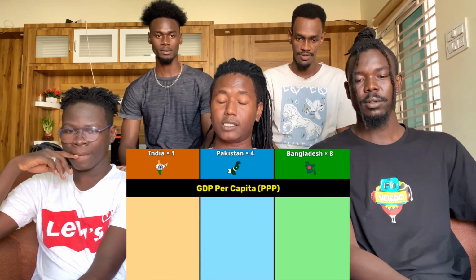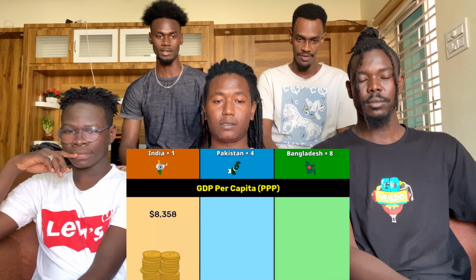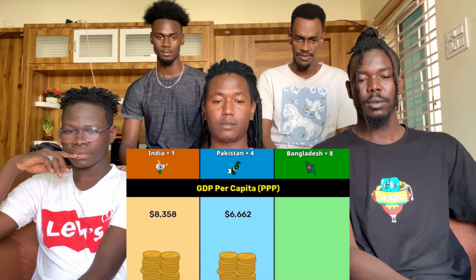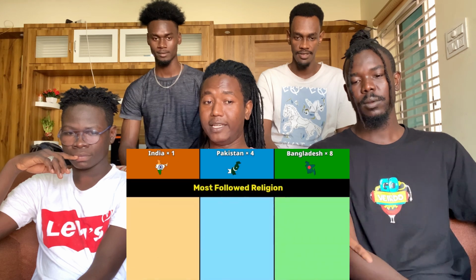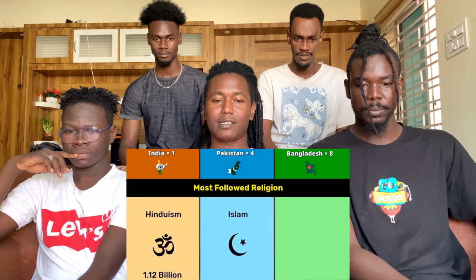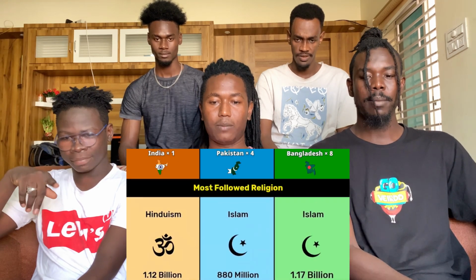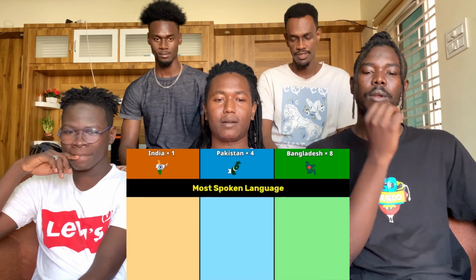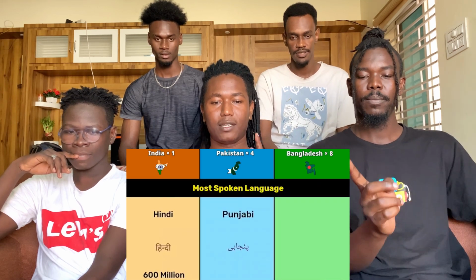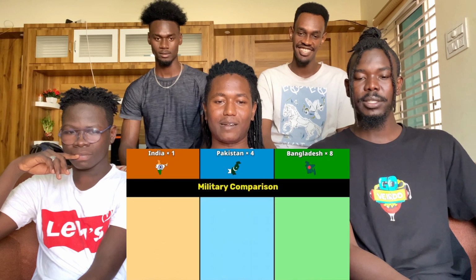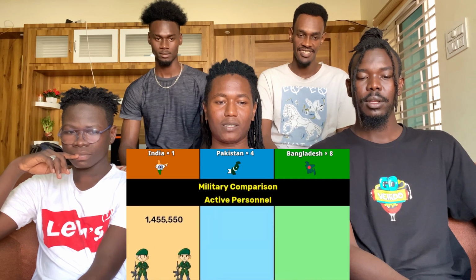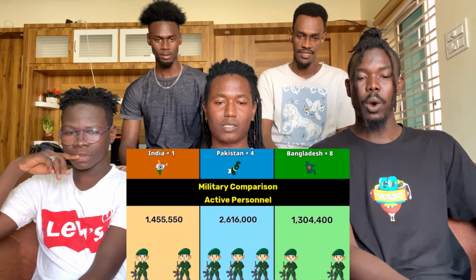GDP per capita PPP $8,358, $6,662, $8,333. Most followed religion: Hinduism 1.12 billion, Islam 880 million, Islam 1.17 billion. Most spoken language: Hindi 600 million, Punjabi 320 million, Bengali 1.29 billion. Military comparison: active personnel 1.45 million, 2.6 million, 1.3 million.